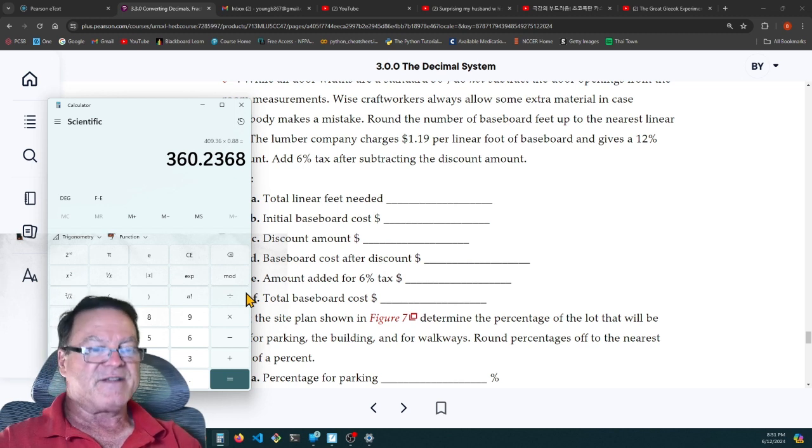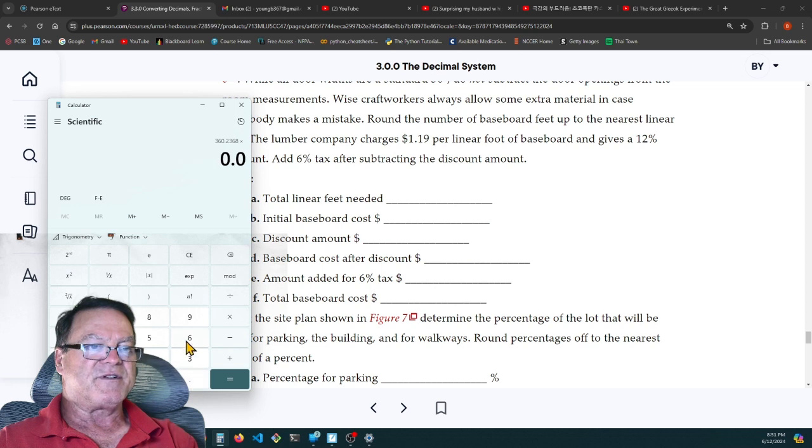$360.24. That's the cost of the baseboard after our discount. And then it wants to know the amount added for the 6% tax. So we can take this, multiply it times 0.06, and we get $21.61.